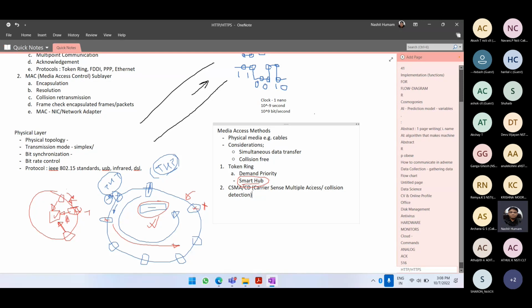This sense signal would be transmitted throughout. In case there is any kind of collision, it will receive the collision signal. In case there is no collision, it will receive the carrier signal back after the time delay needed to travel throughout the network. I hope you got this, right?